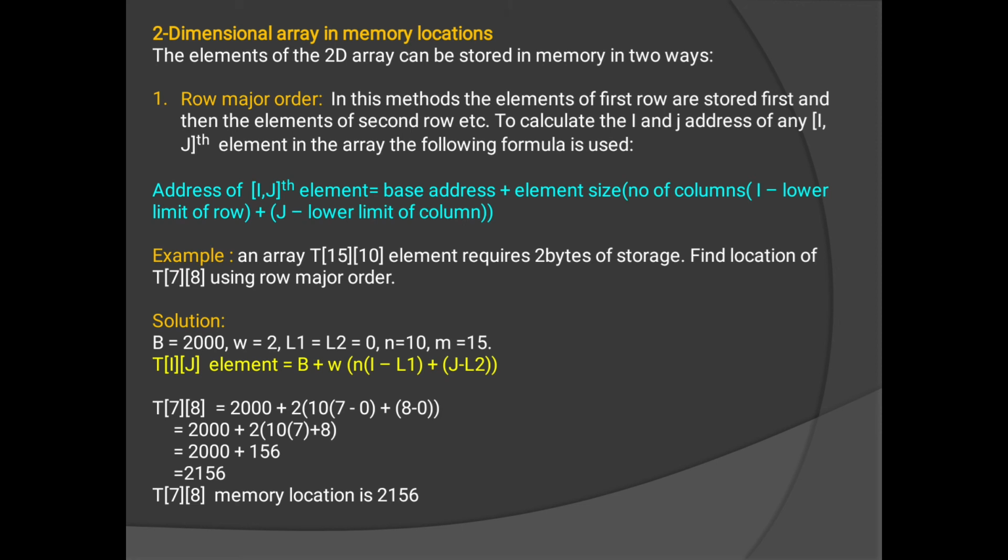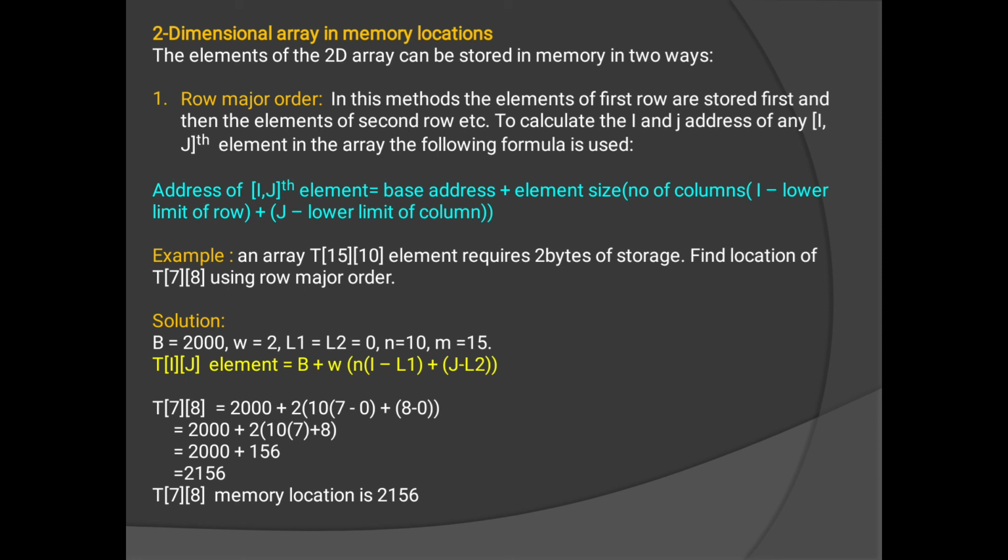Now we have to find the location of T[7][8] using row major order. What is the memory address of this array T at row 7 and column 8? We have to find the address of that particular element.